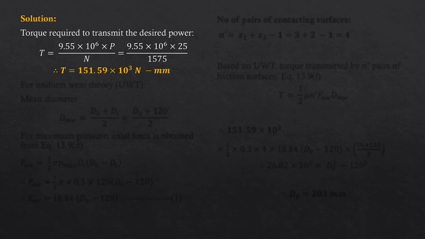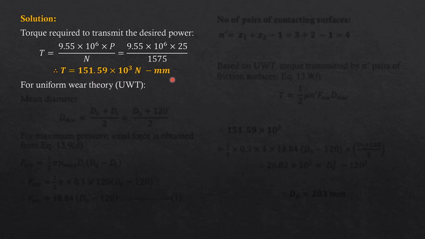So to transmit 25 kilowatt power at 1575 rpm, you need a torque of 151.59 into 10 to the power 3 Newton mm.